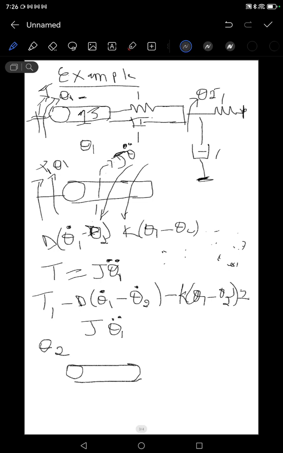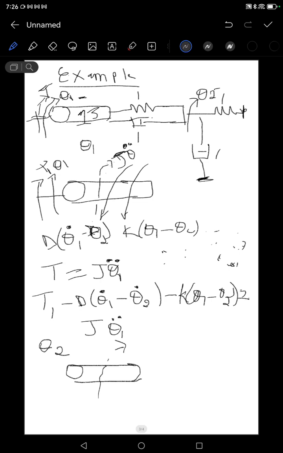The damper and, remember the torque is moving clockwise, the damper and the spring are going to be opposing. Okay, so our inertia is also going to be going in the same direction as the torque. Okay, so let's say we're going to have this.